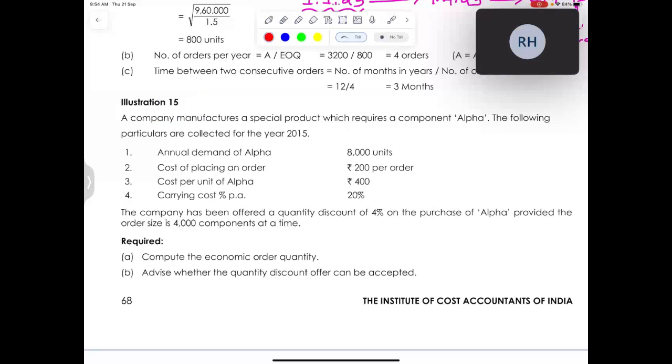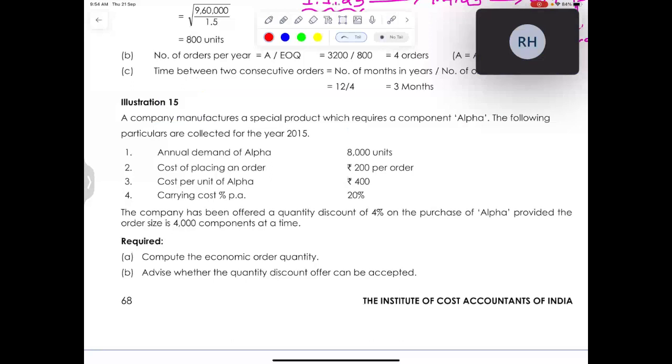It will be denoted by alphabet A. Cost of placing an order, so it is alphabet O. And through this point, we can calculate alphabet C: per unit purchase cost is rupees 400 and the holding cost per unit per annum is 20%. It means 400 multiplied by 20%, it will be rupee 80.